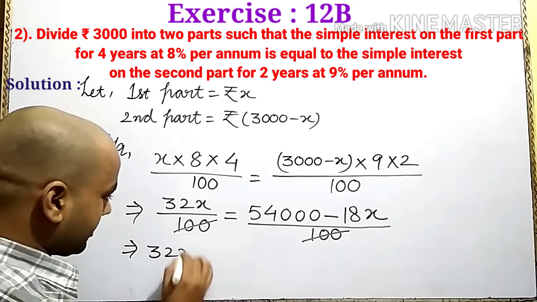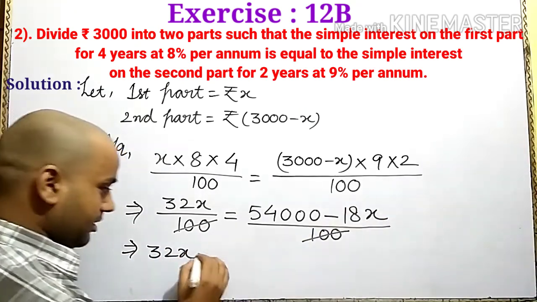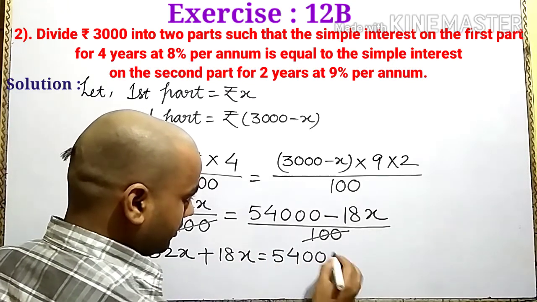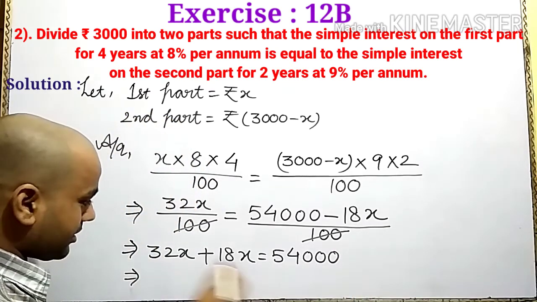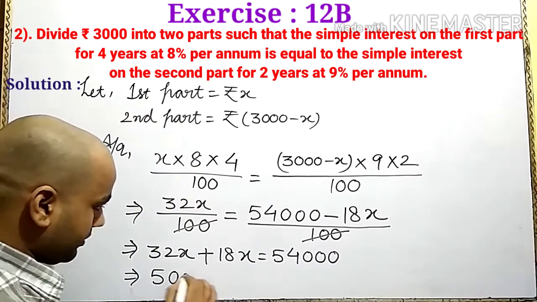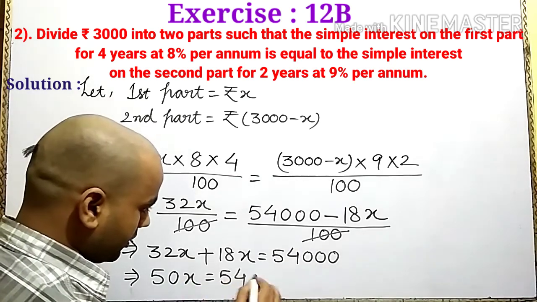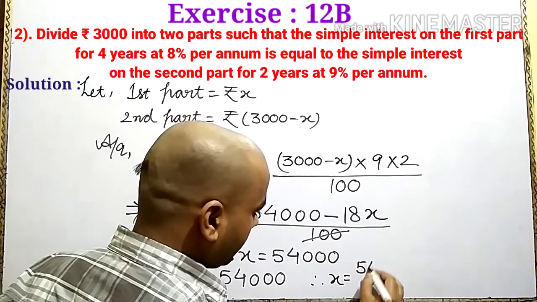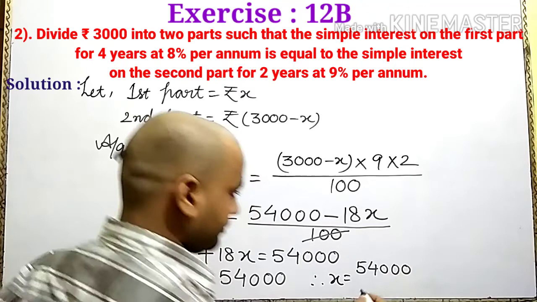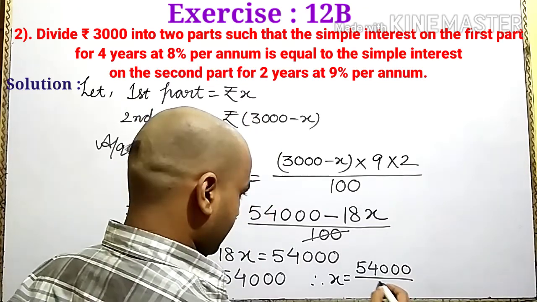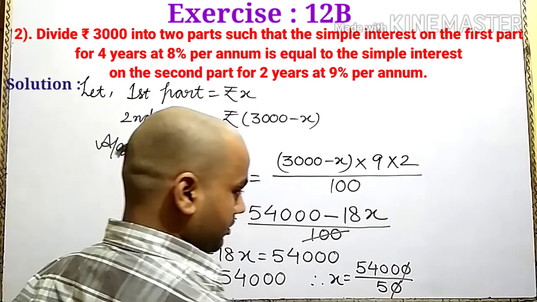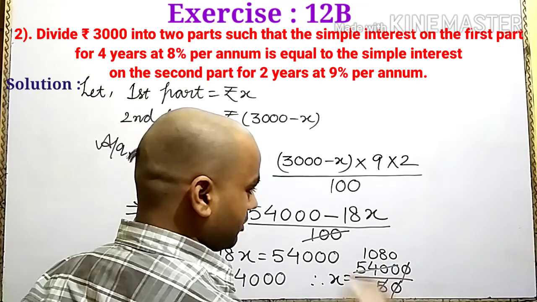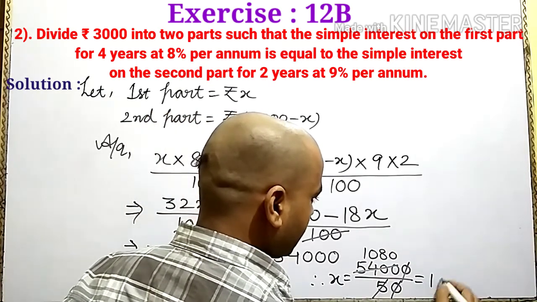Here 32x plus 18x is equal to 54,000. 32 plus 18 we get 50x is equal to 54,000. Therefore x is equal to 54,000 upon 50. 5 1s are 5, 0 times 5 8s are 40, right here 0 means 1080.